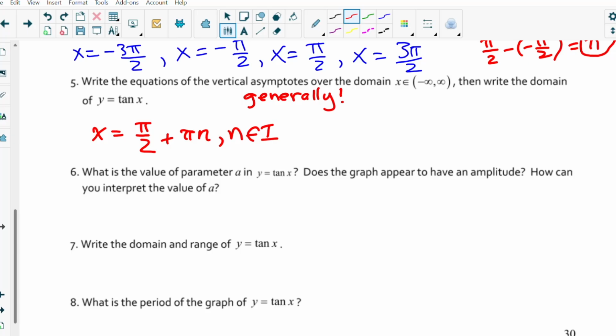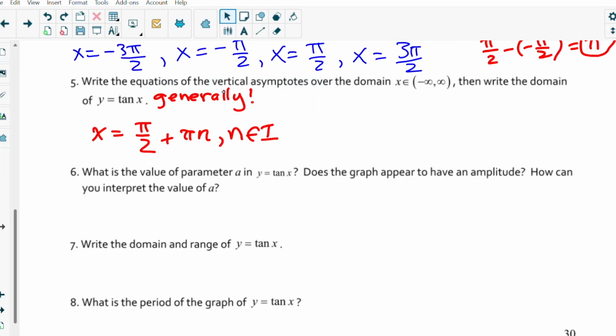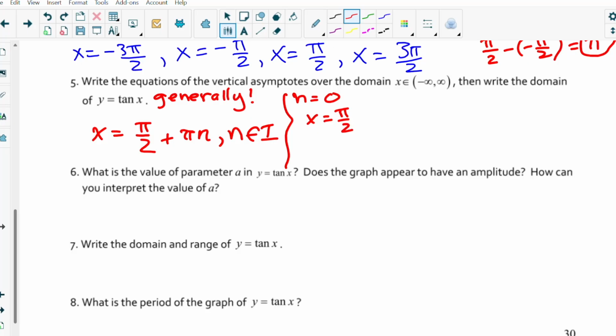Okay, so when I look at this, let n equal 0, then x equals pi over 2. That's one of our asymptotes. When n equals 1, then x equals pi over 2 plus pi.